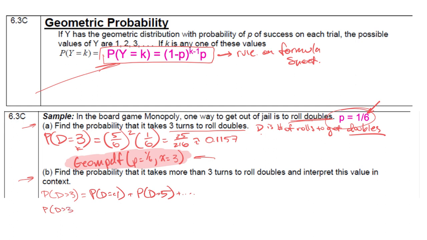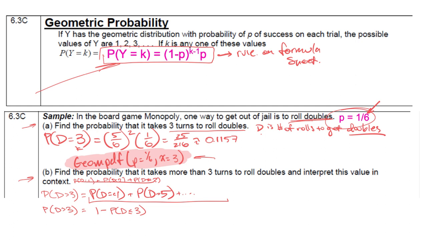Well, we can rewrite this as 1 minus the probability that D is less than or equal to 3, right? Because this is P in totality here, I would have all of them, and I'm subtracting out these to find this.